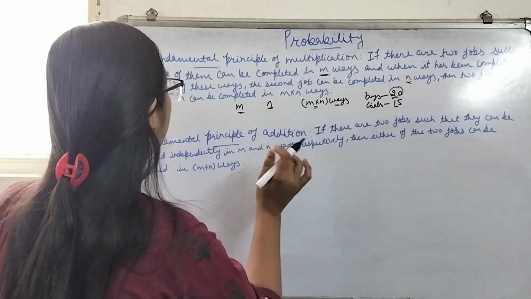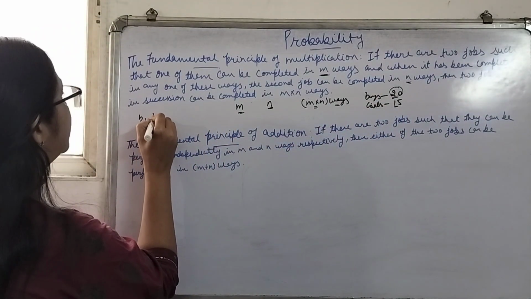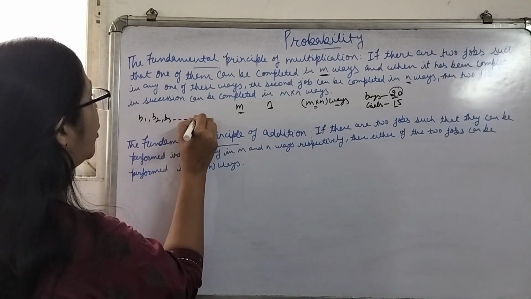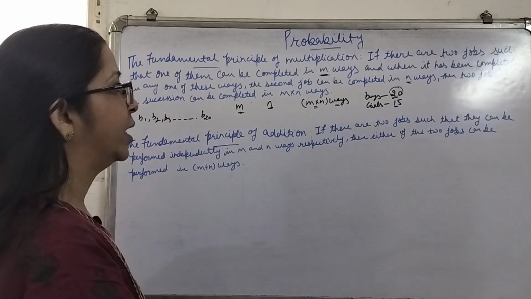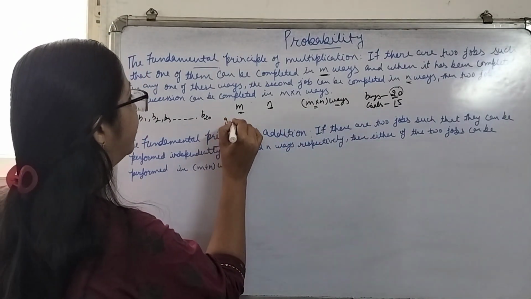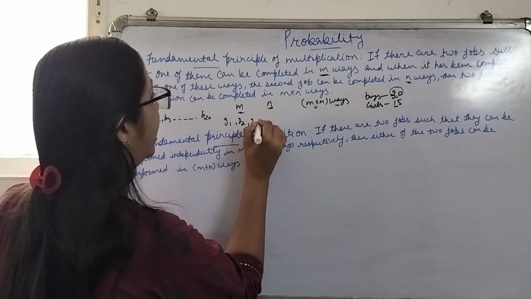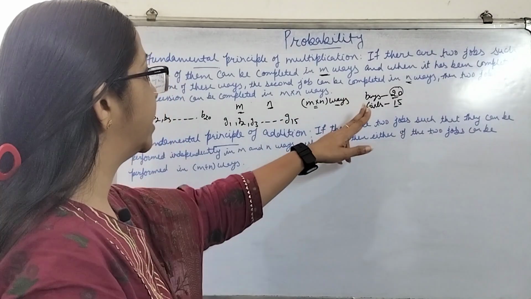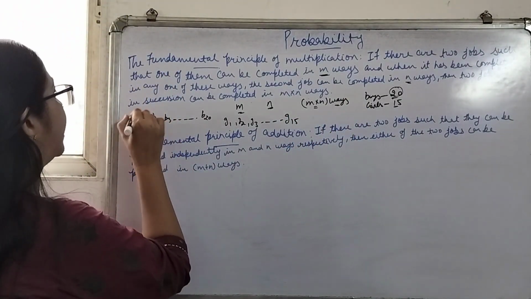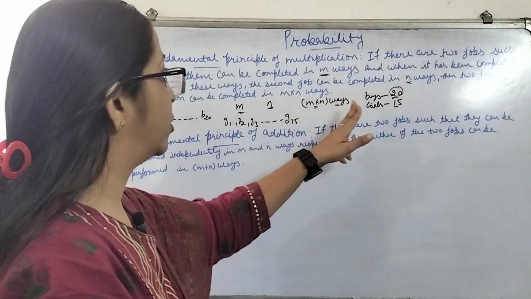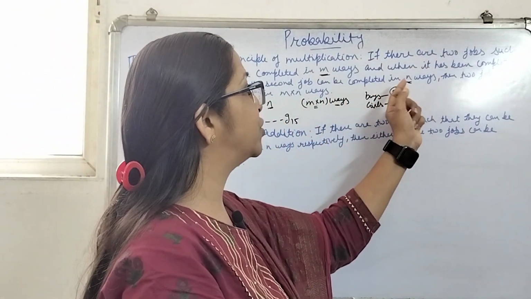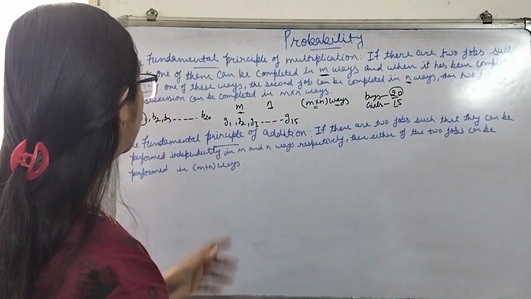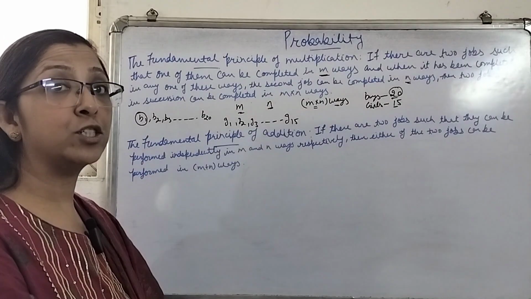Suppose the boys are B1, B2, B3, up to B20, and the girls are G1, G2, G3, up to G15. Now suppose the teacher has selected B1. One of the jobs she has to do is to select one boy.